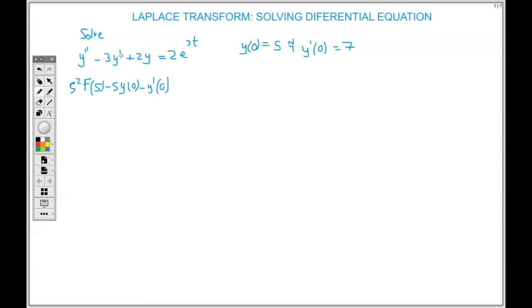The Laplace transform of y prime, so I'm going to rewrite the minus 3 first. So we have minus 3, open brackets, s capital Fs minus y of 0.